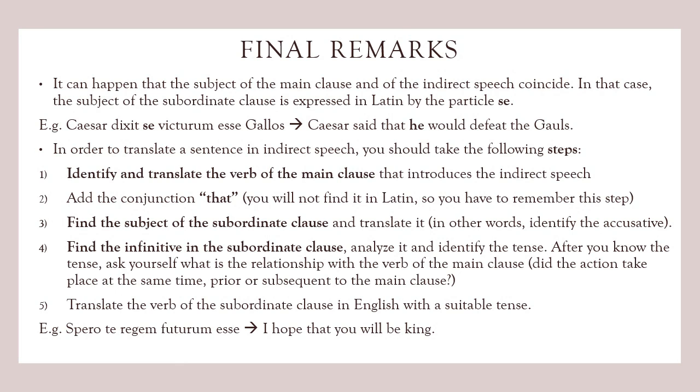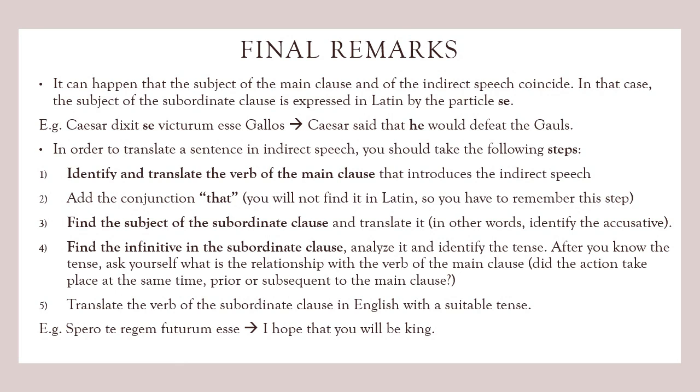If you have multiple accusatives in the sentence, just remember that the first accusative is always the subject, because you know that Latin is a very clear language, so it tends to avoid ambiguities. So whatever accusative comes first, that is going to be the subject of your sentence. So I hope that you, and then we have to go to our infinitive.